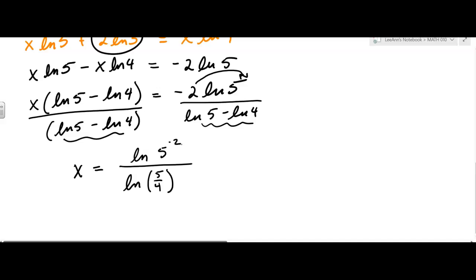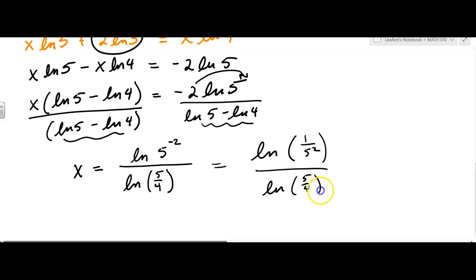Well, we don't really want that negative 2 as an exponent, so we're going to change that and write natural log of 1 over 5 squared. And this is going to be over the natural log of 5 over 4.